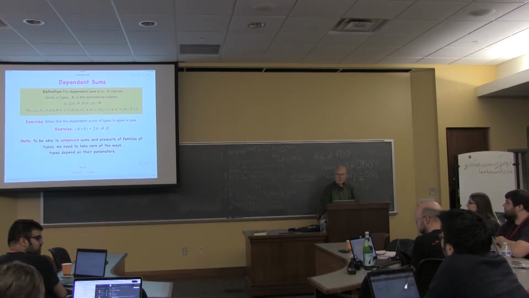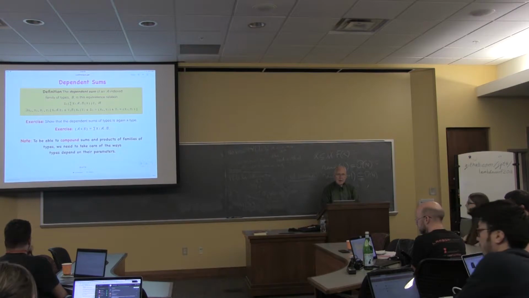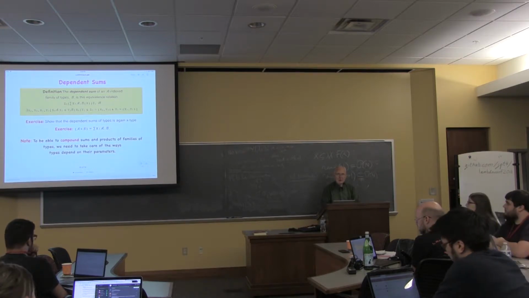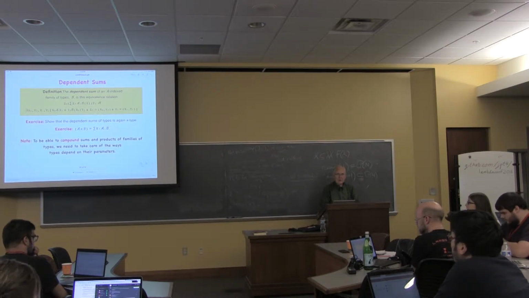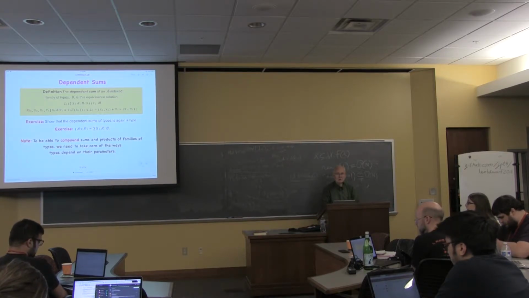For example, a special case there is that the product of two things is just A copies of B, in a way. And so if you look at sigma of x of type A, B, all the same there, that's just ordered pairs of A and B. And so sigma is a generalization of product when you're thinking of constant families like that.